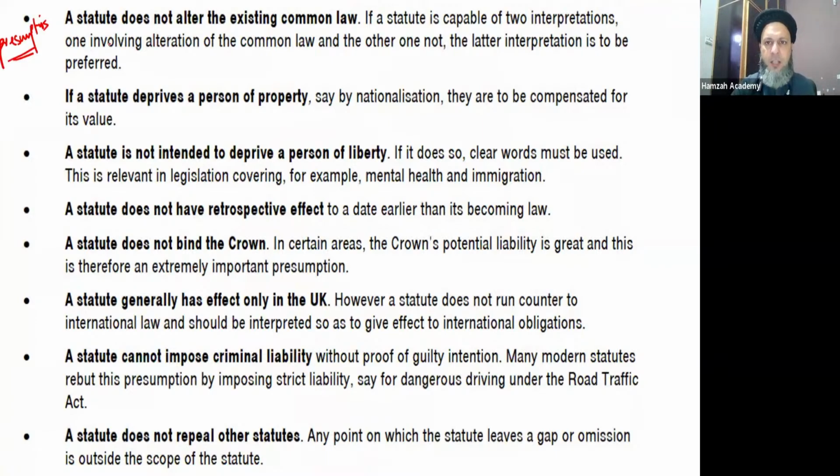Number one, it will be assumed by the judge that a statute does not alter existing common law. This means that, suppose, there is a statute A, B, C, and there is a sentence in it, and there is a word in it. Now this word has two meanings, suppose meaning X and meaning Y. Now the judge has to interpret.